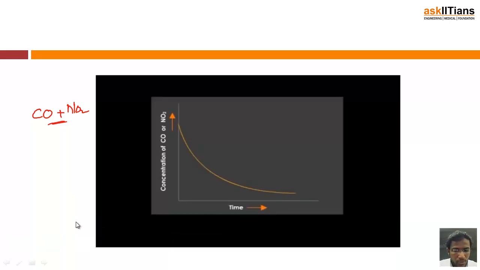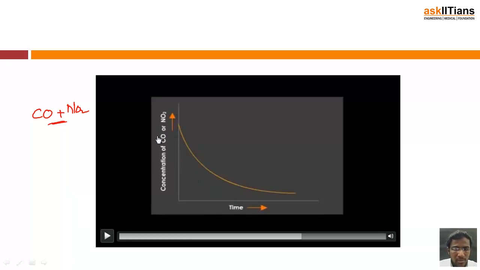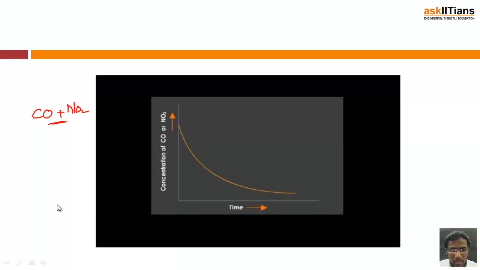If you record the readings of the concentration after every 2 minutes, then you will get a graph. This is the concentration of the reactants varying with time, which is decreasing exponentially. So during the reaction, the concentration of the reactants decreases, which we can see from this video.